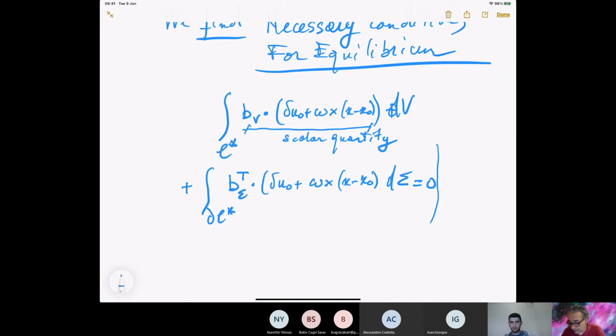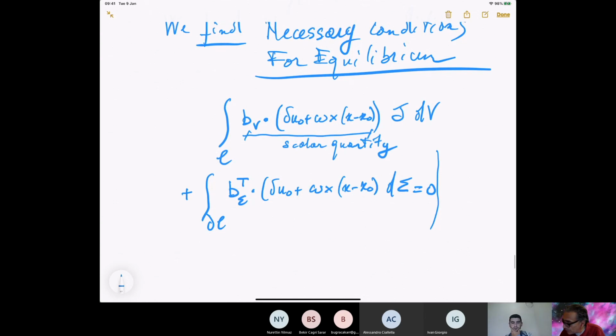change the variable here. So I can write this integral in the actual configuration. Of course, I need to change also the volume. So I will need a Jacobian determinant times the, okay, I was wrong.